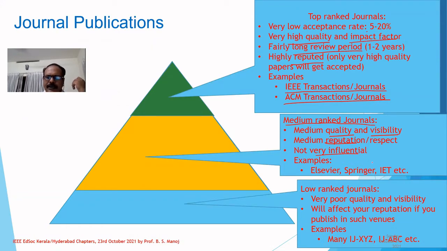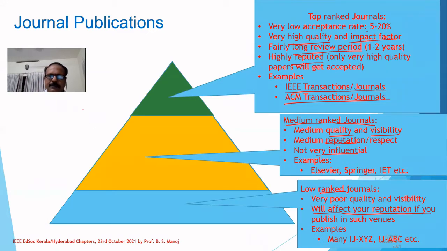I would strongly advise you against going with very poor quality journals. Many journals that start with IJ have a poor publication reputation. Having a paper in such journals can bring down your reputation.